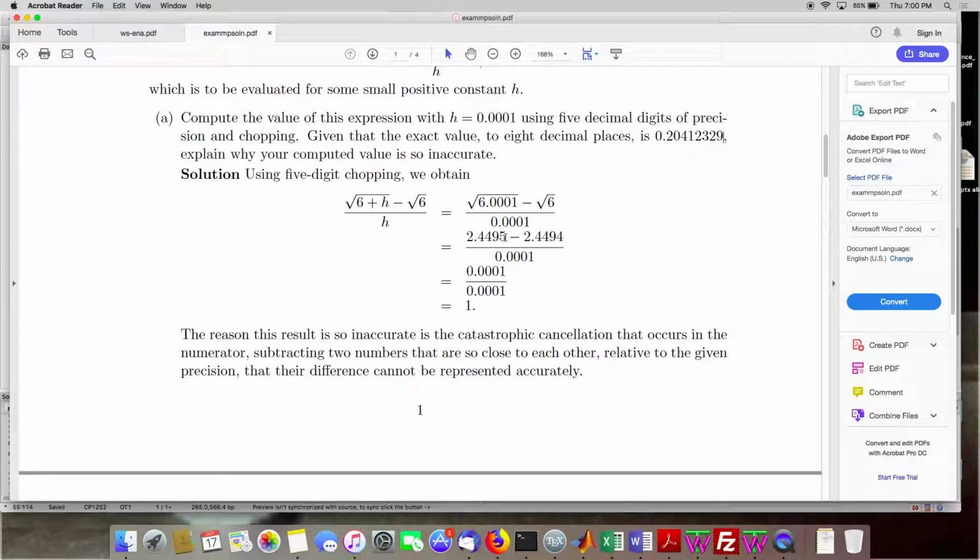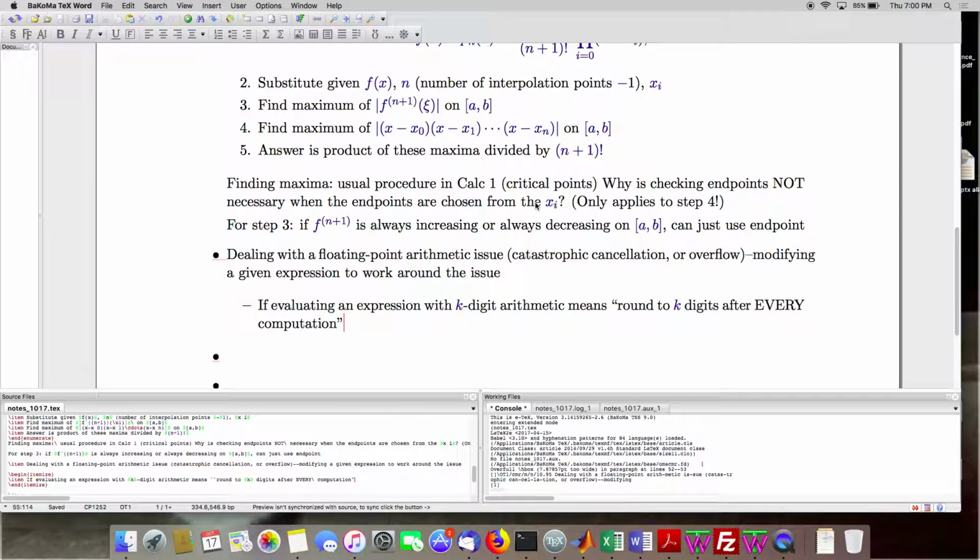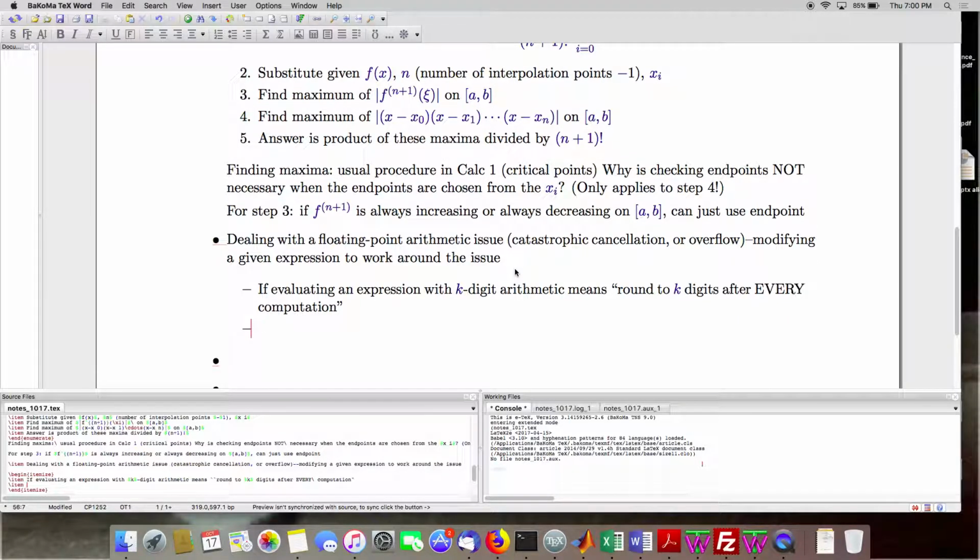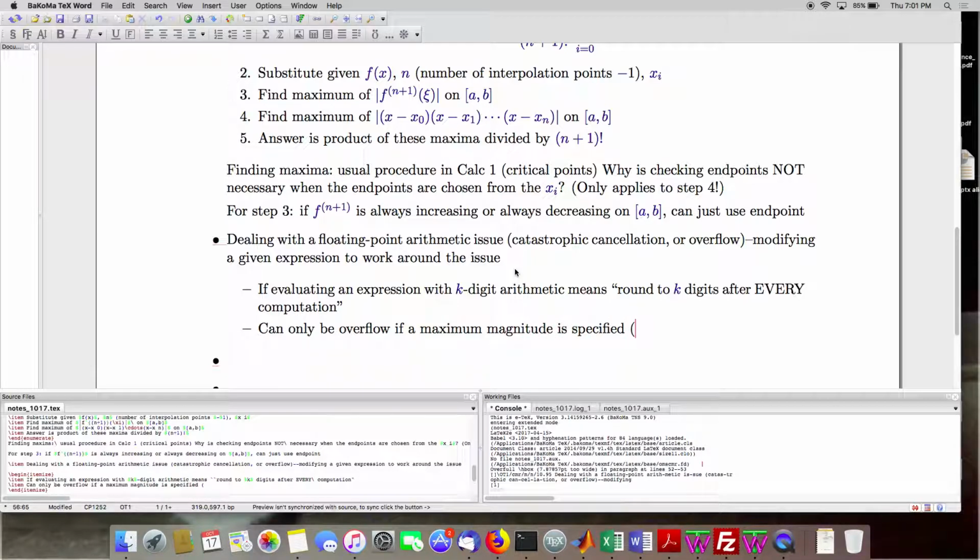I'd have specified not just the number of digits, but also what's the maximum magnitude allowed. So it can only be overflow if a maximum magnitude is specified. In other words, the U in a floating point system, the upper bound in the exponents.